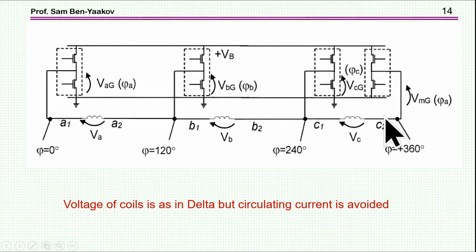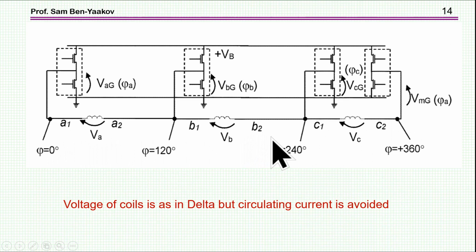Now ideally the phase here, 360, is the same as the phase here, but this is when I'm connecting them. If I am not connecting them and this point can be independently controlled, it helps me to avoid the hard connection here and the loop that again will cause this circulating current.